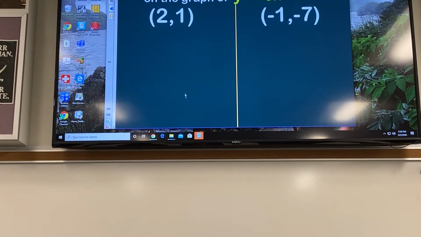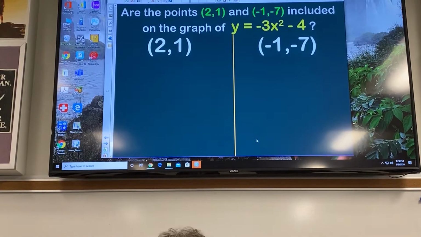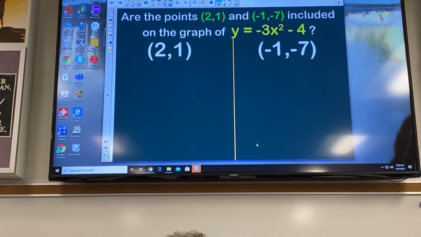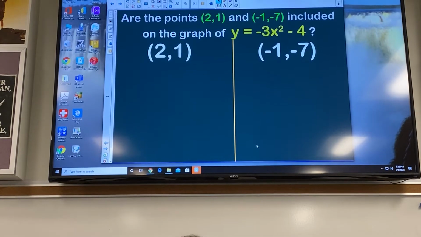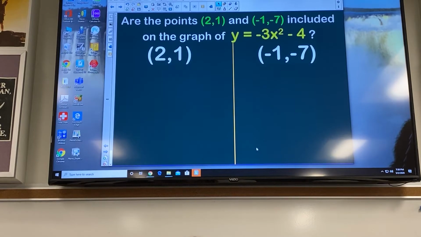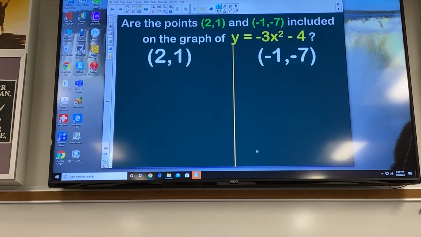Okay, here's the first thing. Now this doesn't necessarily only apply to quadratic functions. This applies to any equation at all, a line, a circle, any kind of shape.